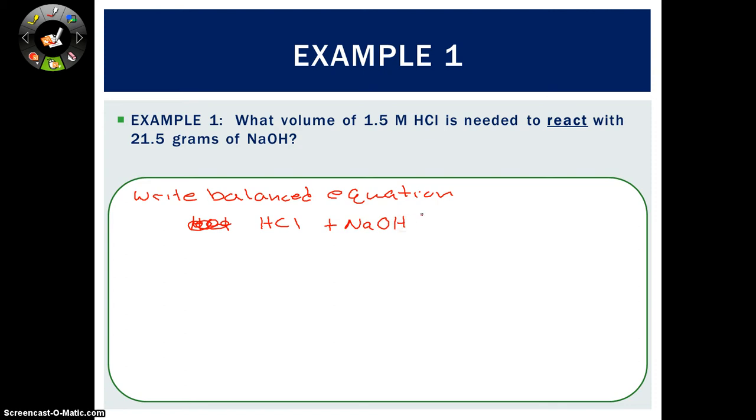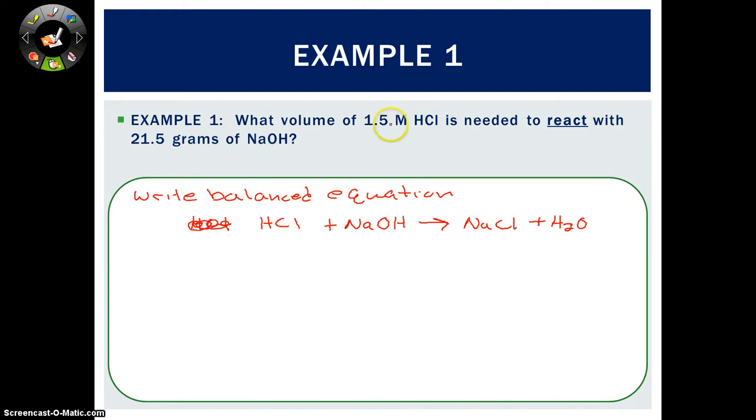We're going to deal with those next week. Reacts to form double replacement, so NaCl, these two together, and H and OH together, and water. Acid plus base gives us salt and water. Okay, and this is already balanced.